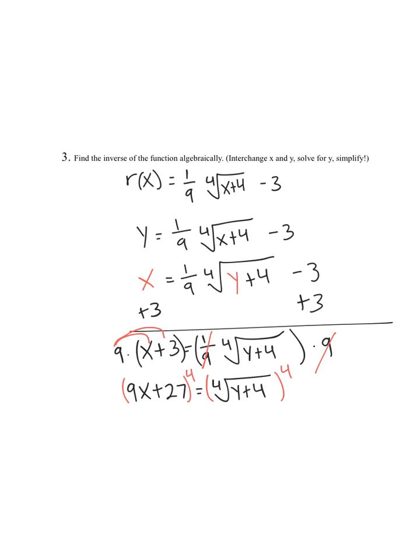Whenever you have a number inside of that little check mark of the radical and you want to get rid of the radical, you're just going to raise it to whatever exponent you see inside of that little check mark, okay? So this and this are going to cancel. And I'm just left with y plus 4 and no radical anymore.